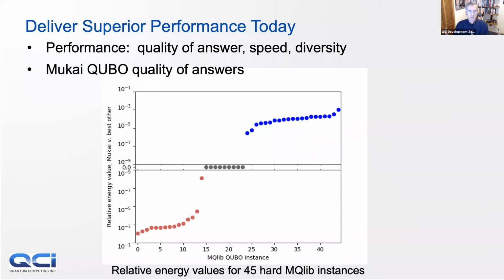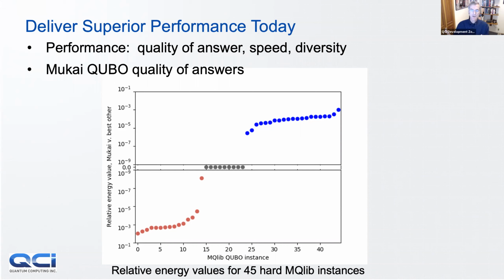So we selected 45 of the hard ones out of MQLib. And there are other people we've talked to who are also focusing on those same 45. And so we ran those with our QUBO solver called QCI QBsolve.